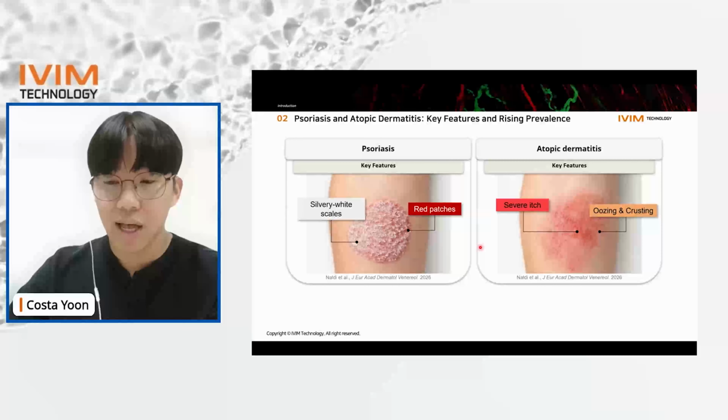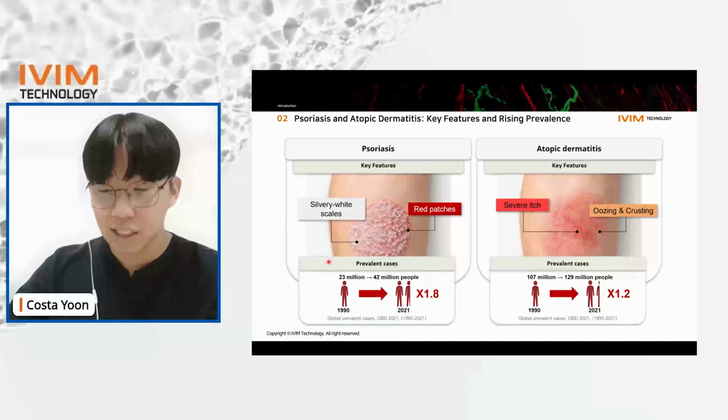On the other hand, atopic dermatitis is associated with skin barrier disruption and abnormal immune responses. It is marked by severe itching, oozing from affected skin, and the subsequent formation of crusts.